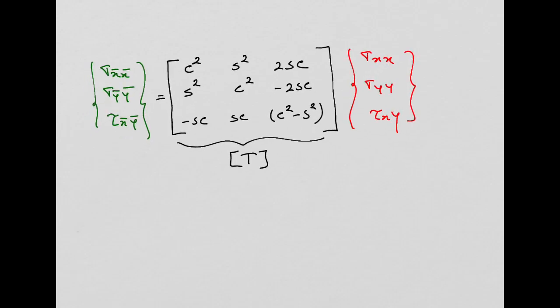So this is the transformation for the stresses, right? If I want to do a transformation for the strains, the transformation matrix is going to be exactly the same as the one you have here. The only thing that will change is here, instead of the stresses, you will have the strains.